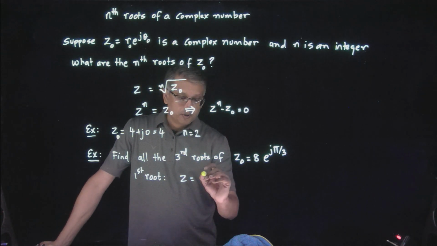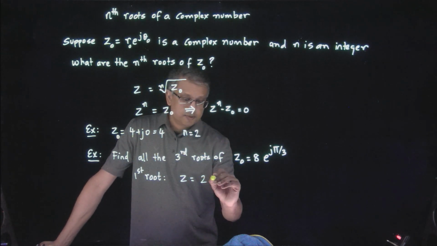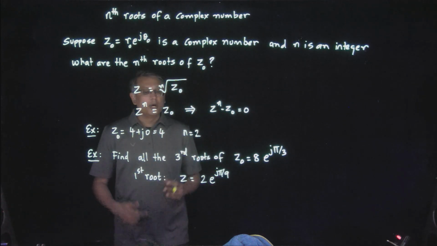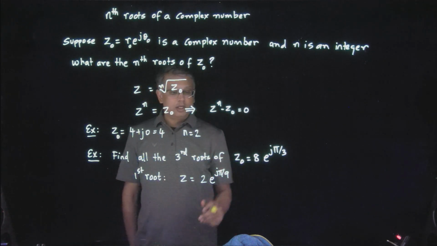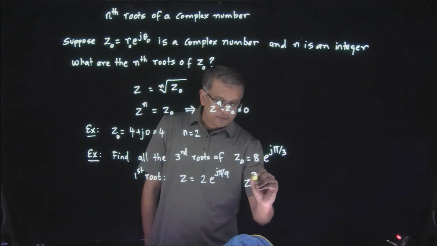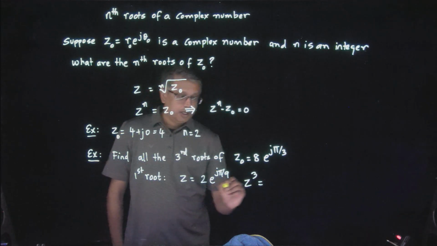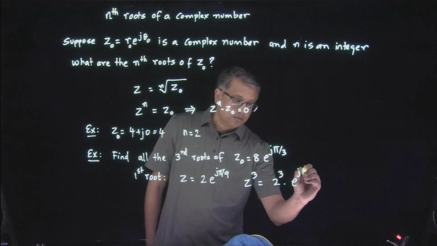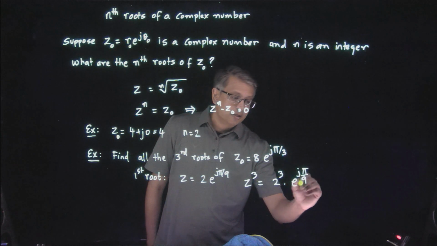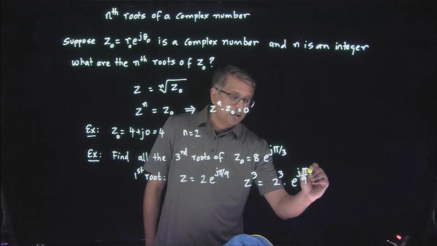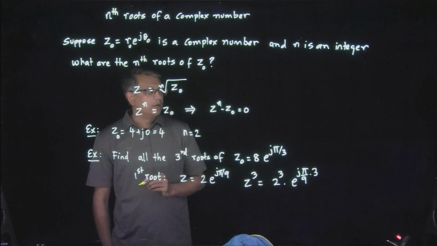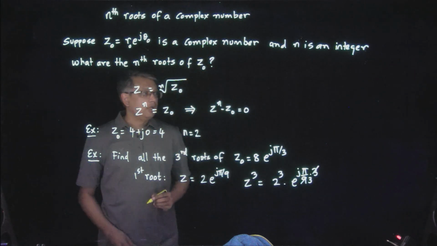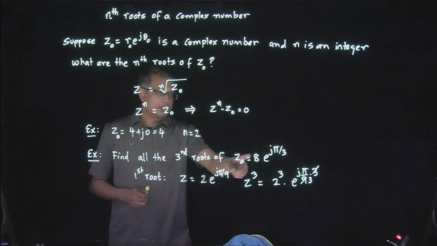So the first root you can see is 2 times e to the j pi over 9. Now, why is that a cubed root of z naught? If I take z and raise that to power 3, I'm going to get 2 raised to power 3 times e to the j pi over 9 raised to power 3, but that's the same as multiplying the exponent by 3. Indeed, these two cancel out, and they're going to give you e to the j pi over 3, which is exactly what I have here.